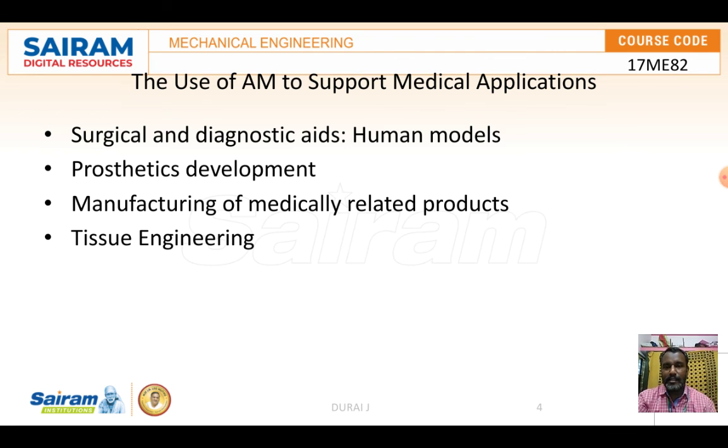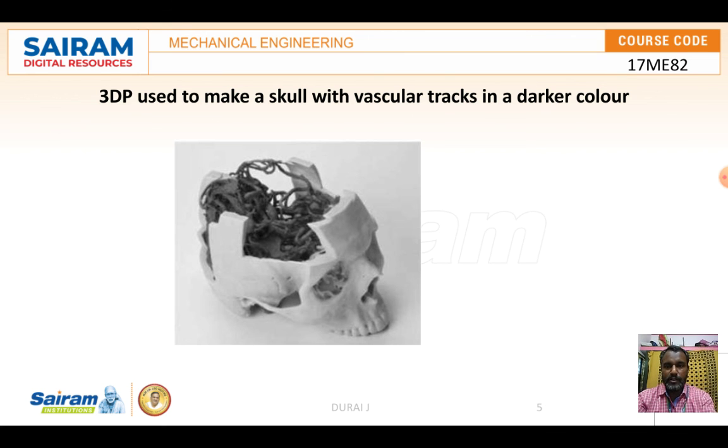Then comes the medical applications. In many ways it is used, like surgical diagnostic human models, prosthetics development, manufacturing, and medical related models. Whatever we have to discuss, all those things come in here.